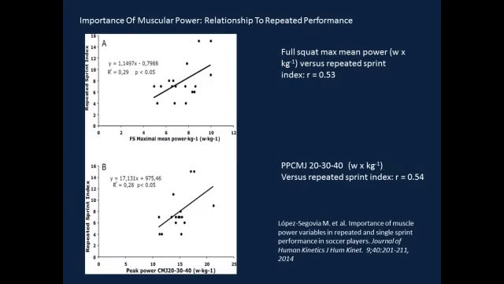Here are 3 other studies which took a look at power output from a jump squat, this is in watts per kilogram, versus the sprint times in short sprints, 5, 10, and 40 meters. And again, we see strong correlations between the two.